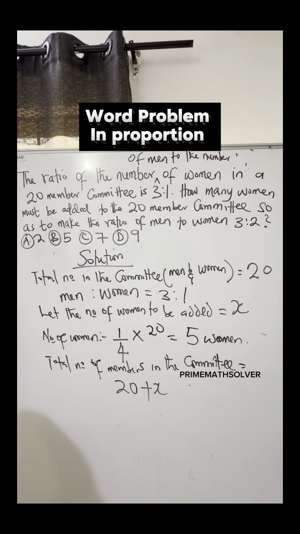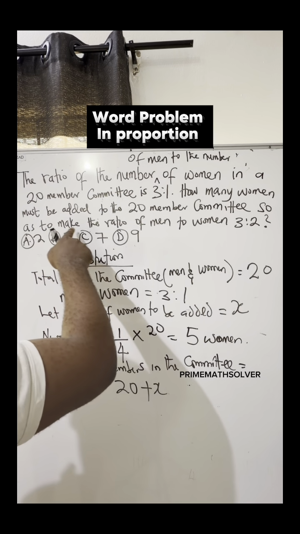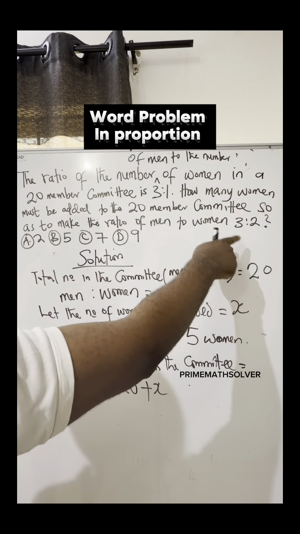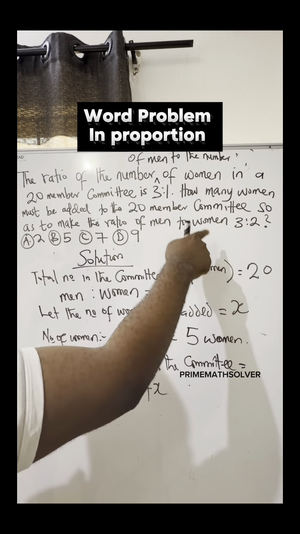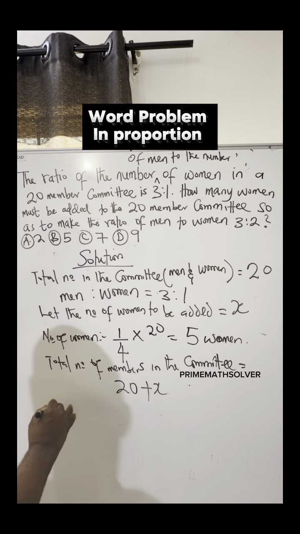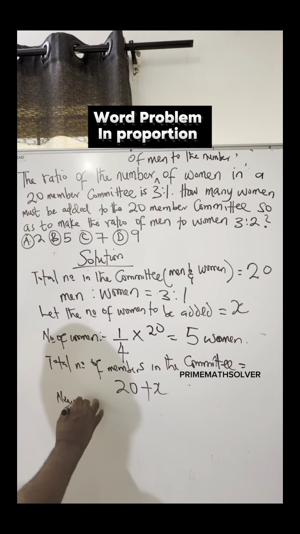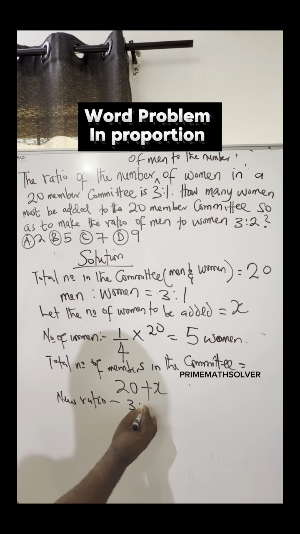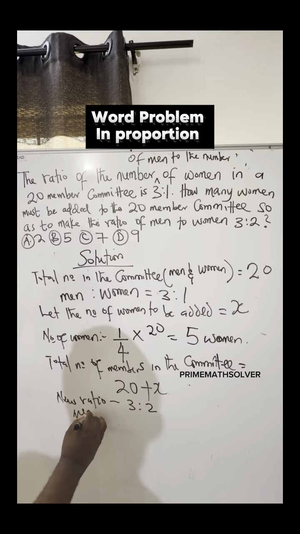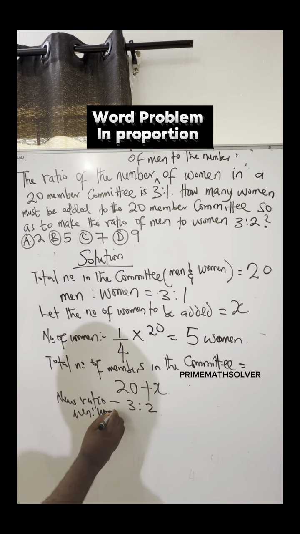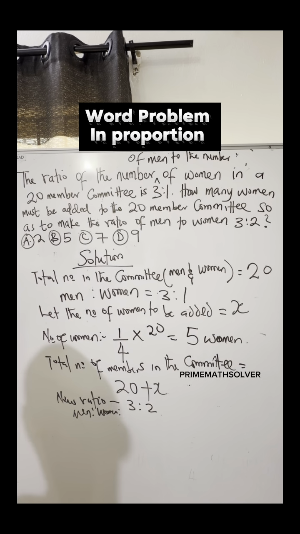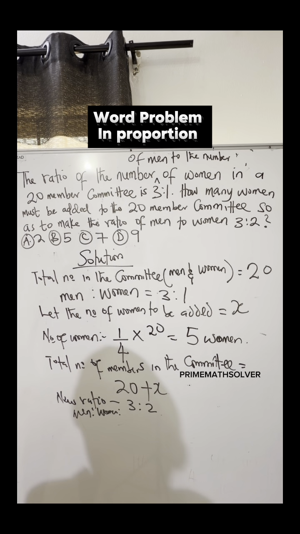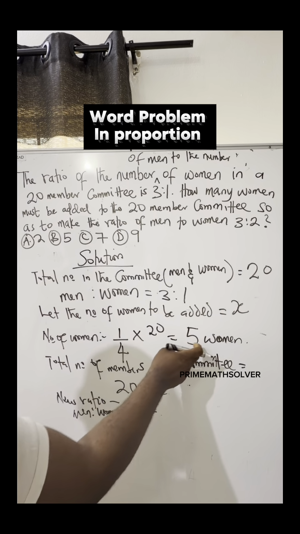So if we have it as 20 plus X, to make the ratio of men to women 3:2. The new ratio that they want us to work with is 3:2 for men to women. Right? So what this tells us is this. Number of women, we have how many? 5.